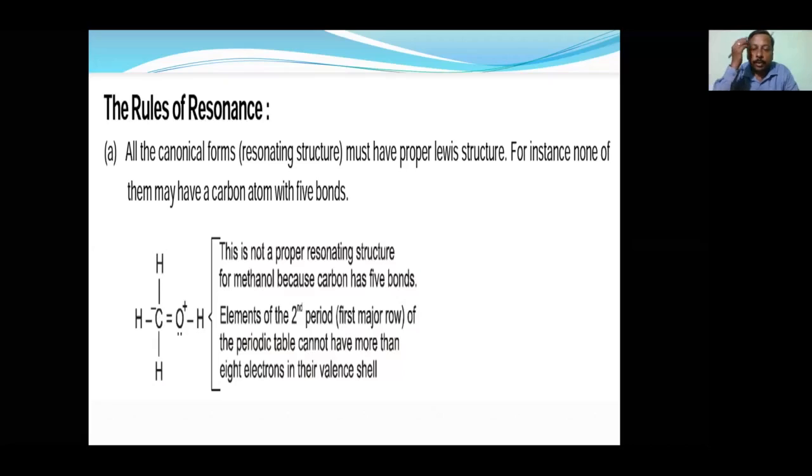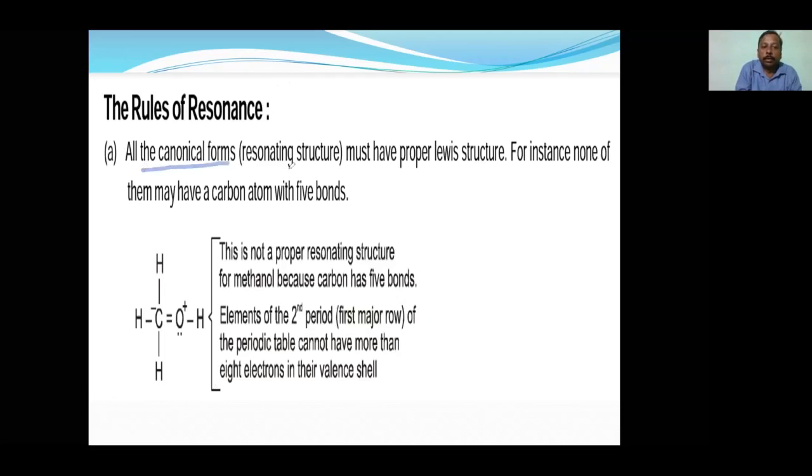They may have the same molecular formula, but may not be considered resonance structures unless the following rules are followed. First of all, canonical forms. Canonical forms means resonating structures only, another way of pronouncing resonance structure.